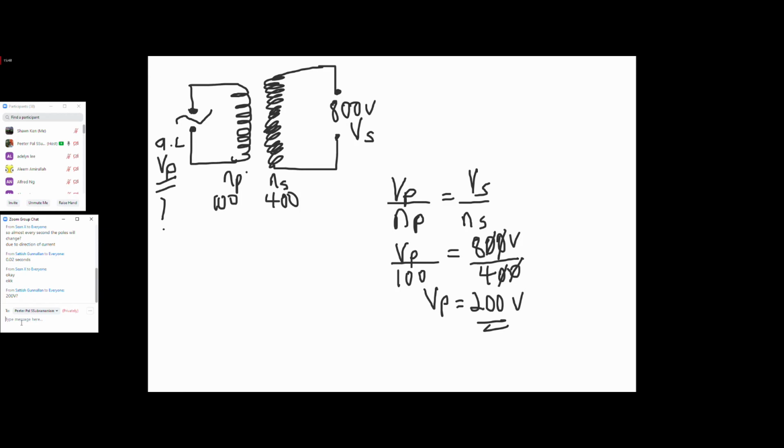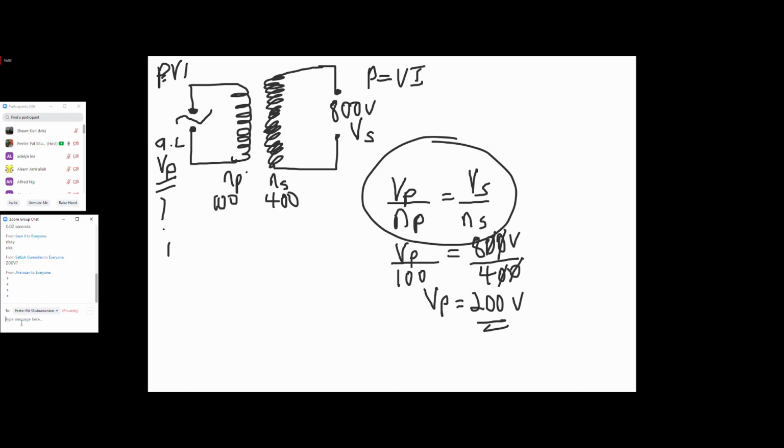For these transformers, this is the formula. The power produced here is VI. The power produced here is also VI. Primary VI is primary voltage and primary current.